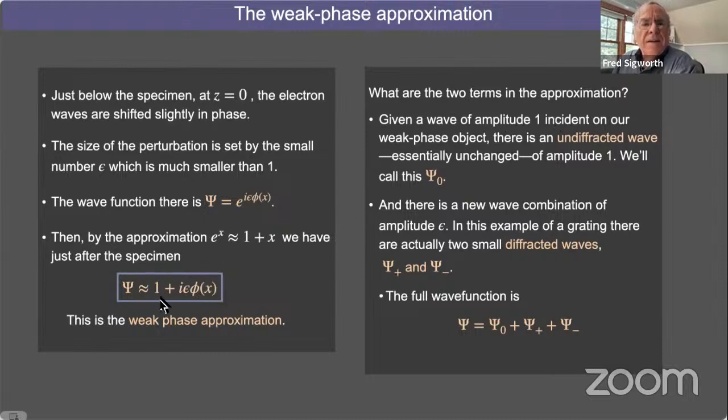These two terms in the approximation have physical meanings. This one is the undiffracted wave that goes straight through, and this one, which has an imaginary amplitude, is the diffracted wave or waves. In fact, for a grating, here's the undiffracted wave, and there are two diffracted waves.